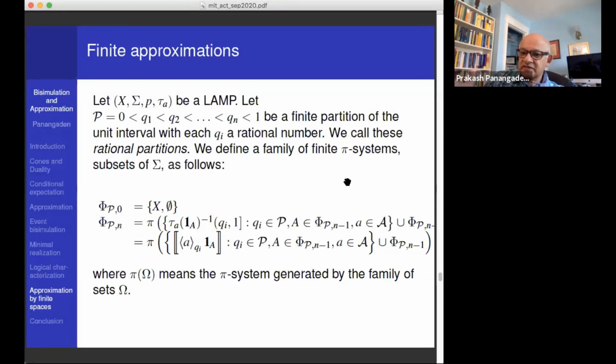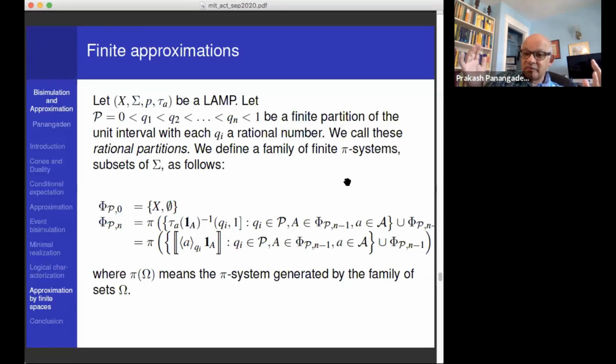So the generating sets form a pi system, just required to be closed under intersection. A typical example is the Borel sets on the real line, which are generated by the open intervals, and the open intervals are a pi system because the intersection of two open intervals is an open interval, or else the empty set. Now, if two measures actually agree on the generating pi system, they agree everywhere.